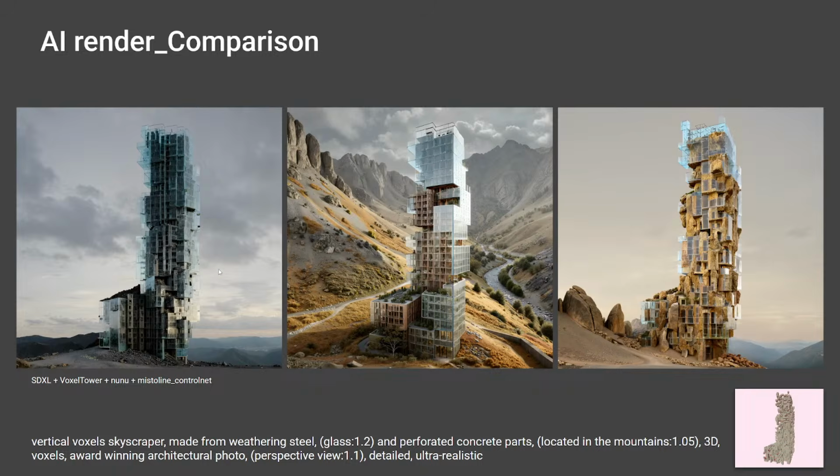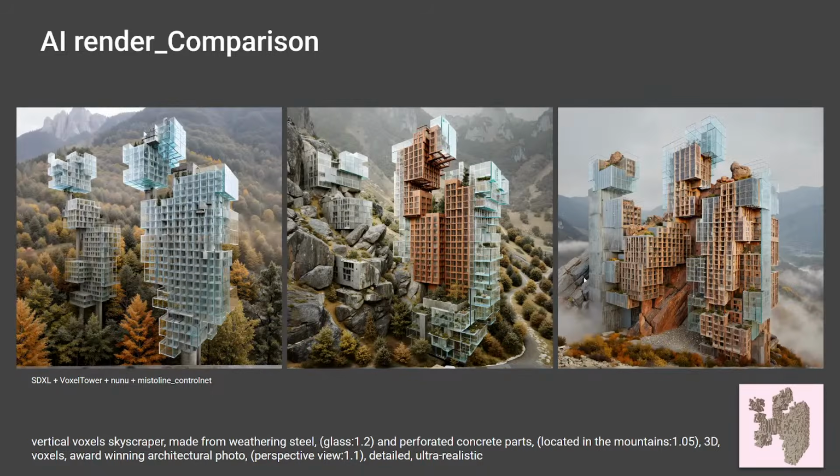And basically if you change the prompt slightly you will achieve different results, but just changing the seed is not enough. So basically here are really similar ideas and approaches, just the composition of the building is slightly different.